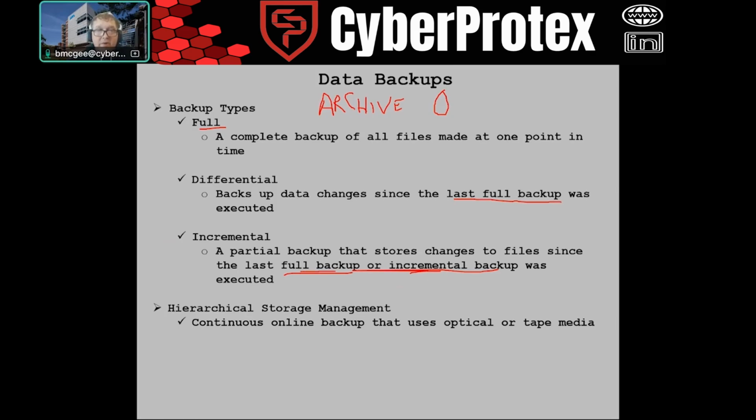So let's check it out. The differential is, since the most recent full backup was run, what's changed? Only files that have the archive bit turned on or enabled, set to 1, are backed up or duplicated.